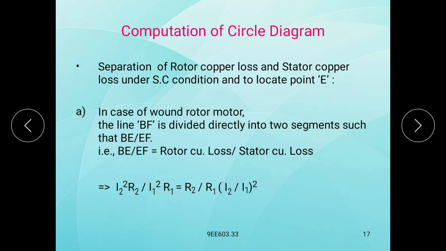So now, I2 square R2 by I1 square R1 is equal to R2 by R1 into (I2 by I1) square. I2 by I1 is equal to N1 by N2, that is the stator to rotor turns ratio.